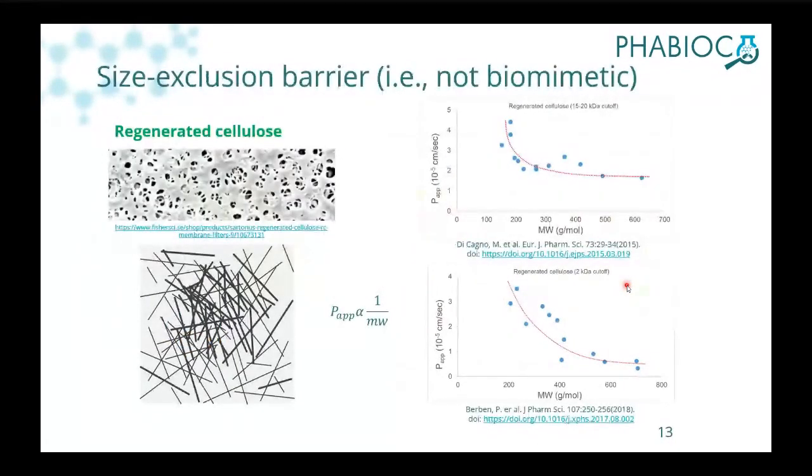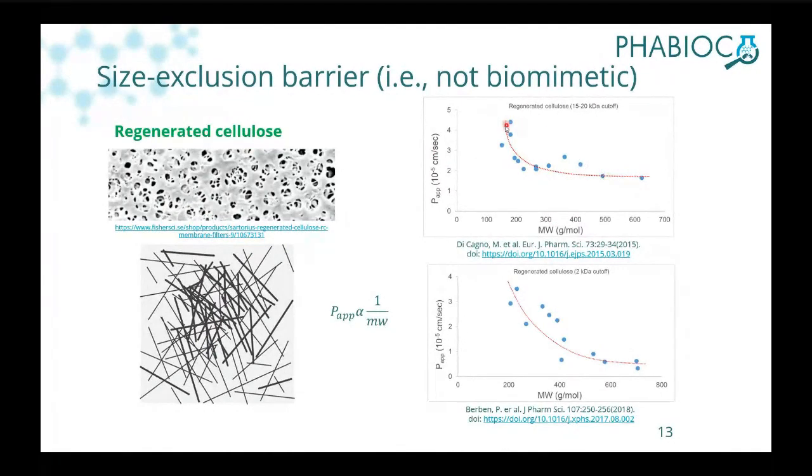I mentioned before that other types of membranes, like regenerated cellulose, should not really be considered biomimetic. And here I report an example of what I mean. This is like an amorphous material, like fibers, that has a cutoff, but doesn't really have pores. I have summarized the results of permeability measures utilizing this barrier in different works, some of my research or other published papers.